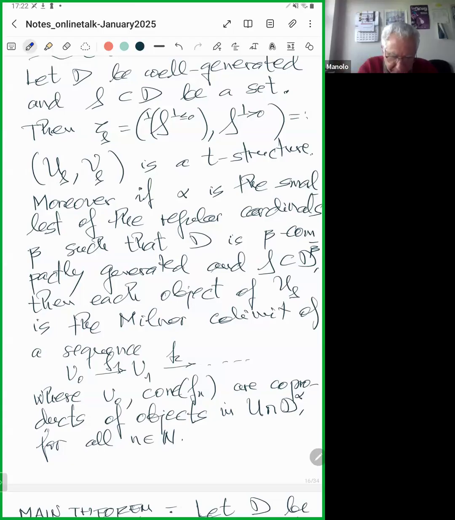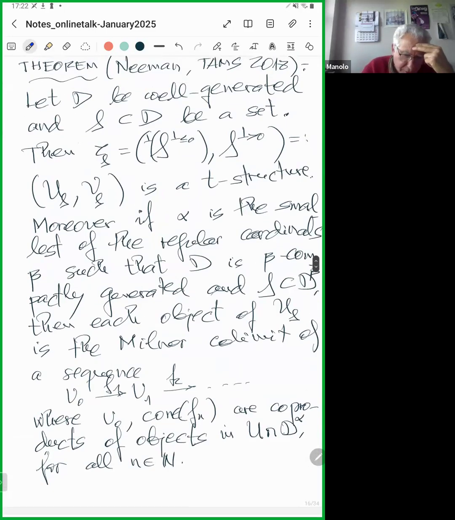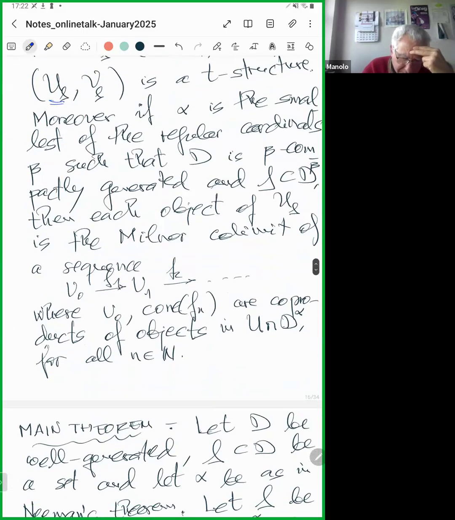D is beta compactly generated, and the original set S consists of beta compact objects. So if you take the smallest regular cardinal alpha satisfying that property, then he showed that any object in the aisle of this t-structure is the Milnor colimit of a sequence where U0 and all successive cones are coproducts of alpha compact objects in the aisle. So this will be important for us.